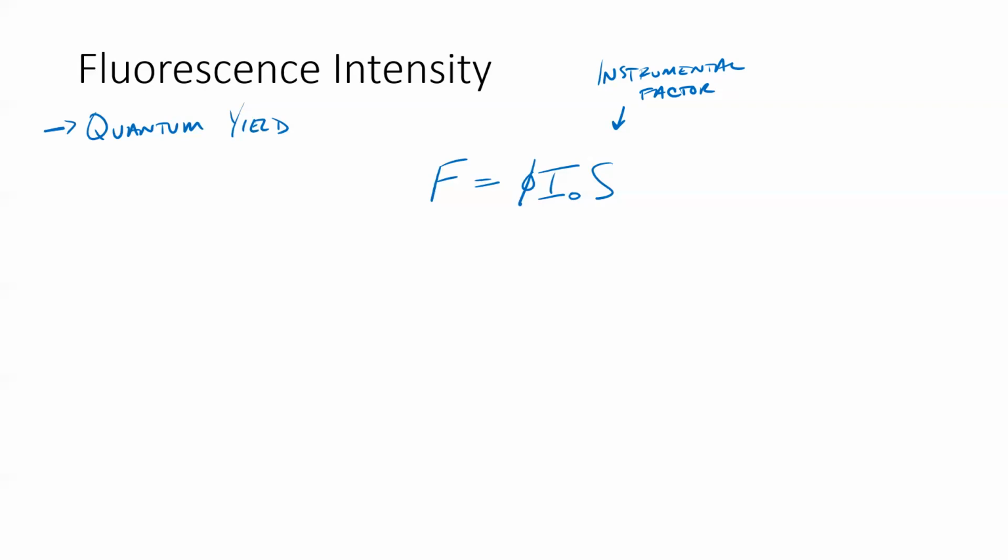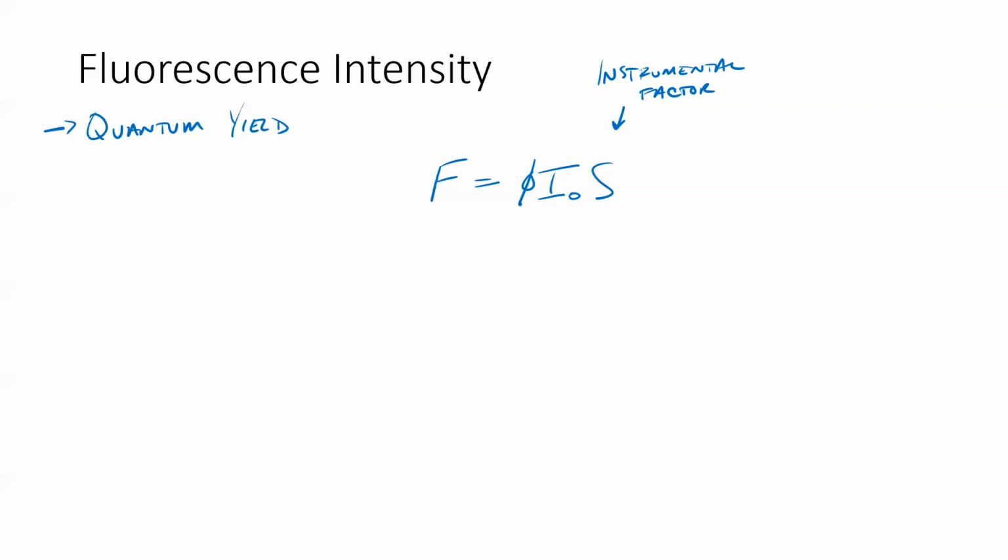Often when we look at fluorescence powers or intensities, we report it in what we like to say are arbitrary units, right? It doesn't matter what the units are, we just report it. The other thing that we sometimes do is look at relative intensities.